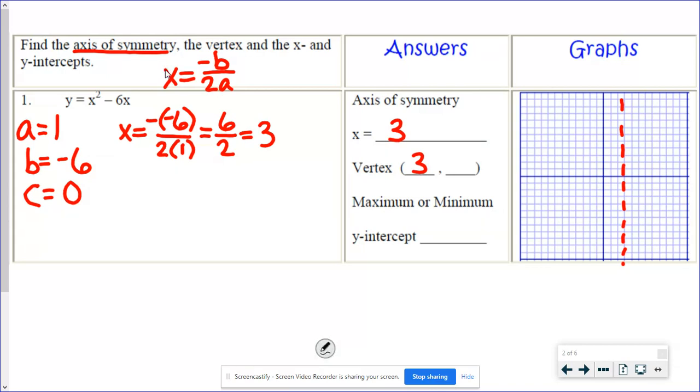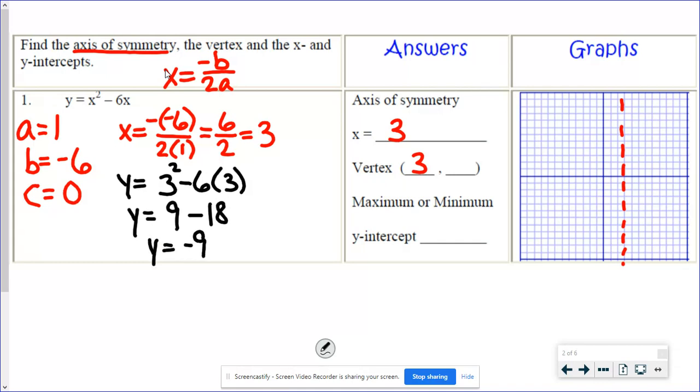So using the equation I have there, y equals, the x was 3, so 3 squared minus 6 times 3. Well, 3 squared is 9. 6 times 3 is 18. And 9 minus 18 is going to be -9. So my vertex, keep that all one color there, is going to be at 3, -9.